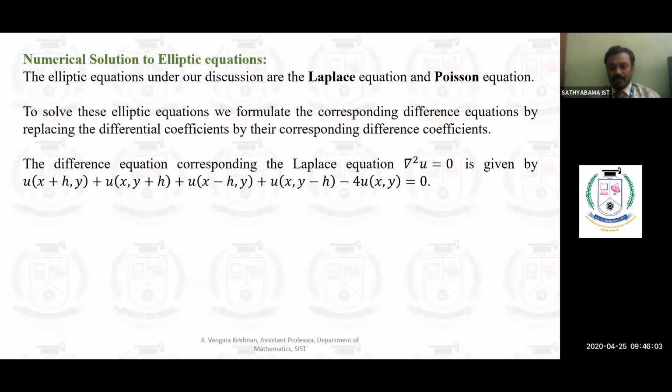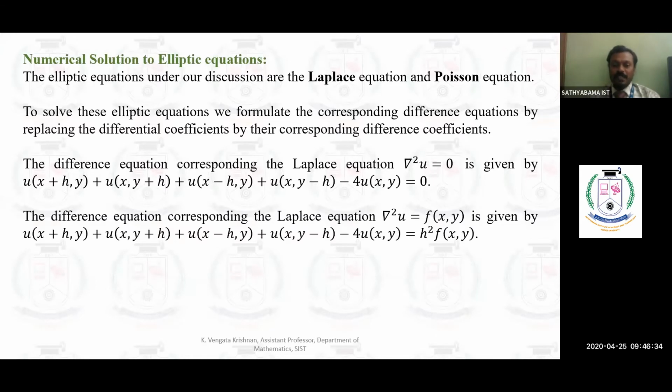So replacing ∂²u/∂x² and ∂²u/∂y² with difference coefficients, we get the difference equation u of x plus h comma y plus u of x comma y plus h plus u of x minus h comma y plus u of x comma y minus h minus 4 times u of x comma y equal to 0. In the later part of the session, we'll have the schematic representation of the same. Then you can easily understand.